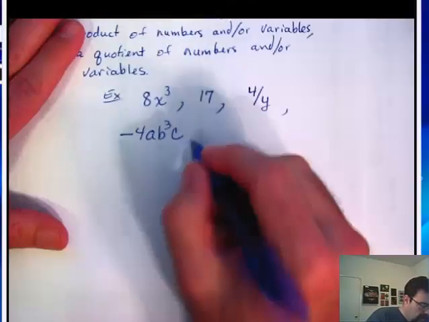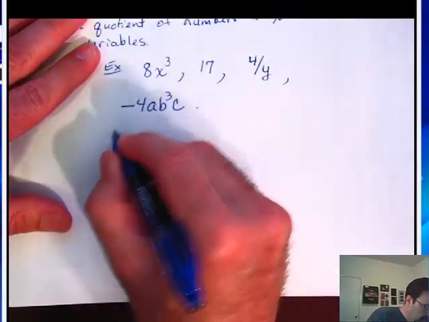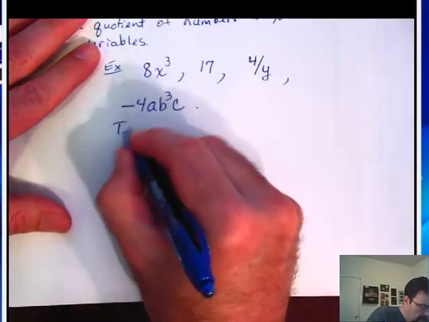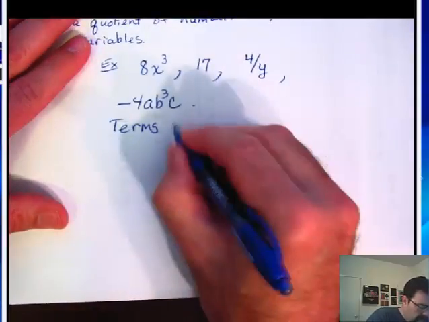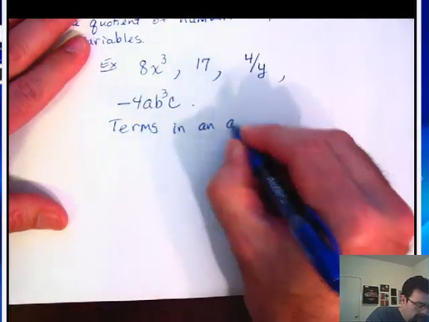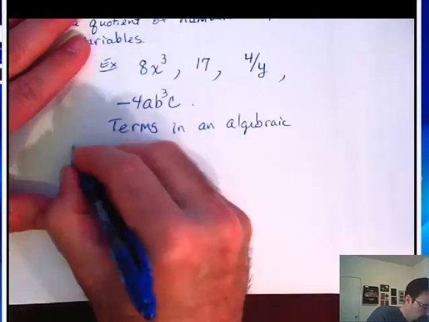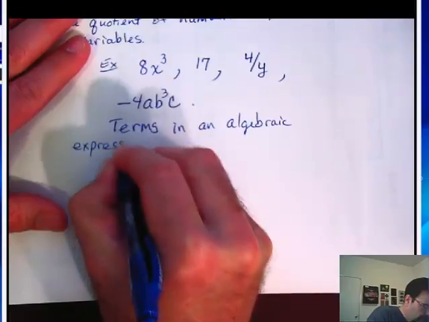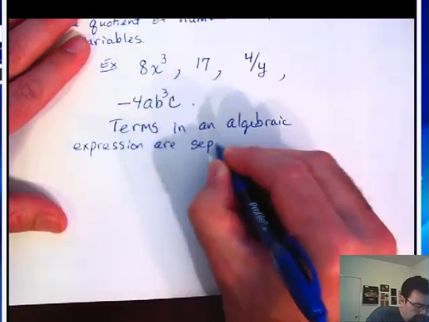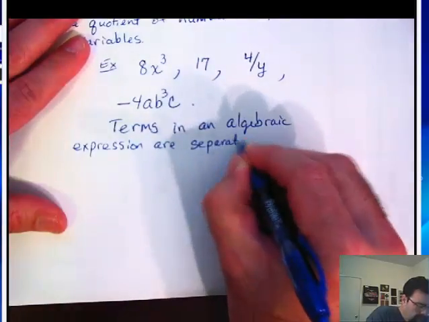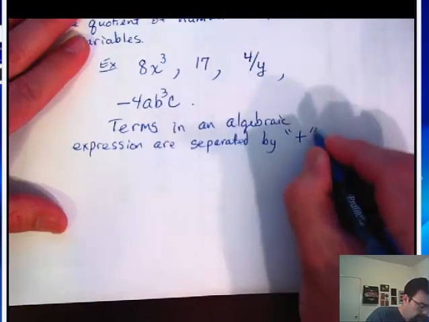Now in algebraic expressions, the way you identify terms is that terms in an algebraic expression are separated by addition signs.